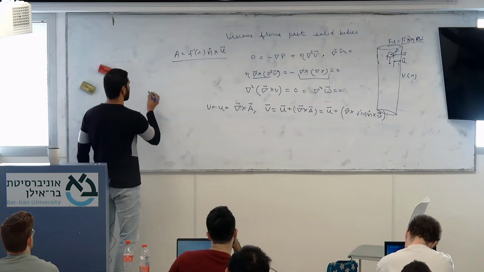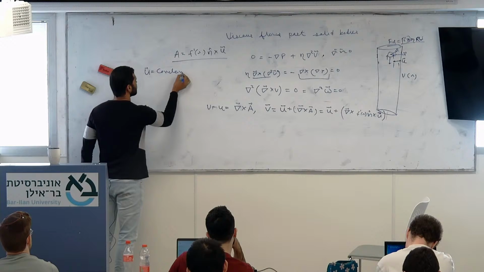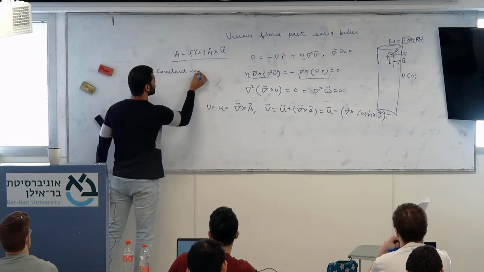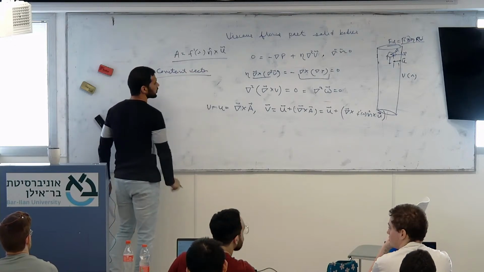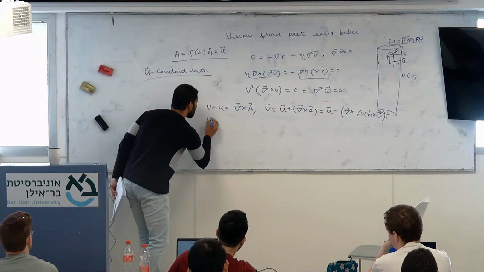Now we know u is a constant. U is a constant vector.